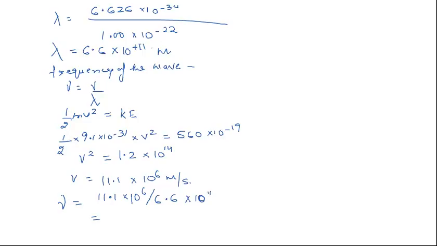This is 11.1 multiplied by 10 to the power 6, divided by 6.6 into 10 to the power 11, and you'll get 1.68 into 10 to the power minus 5 per second.